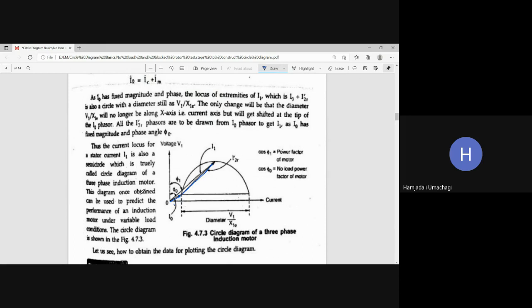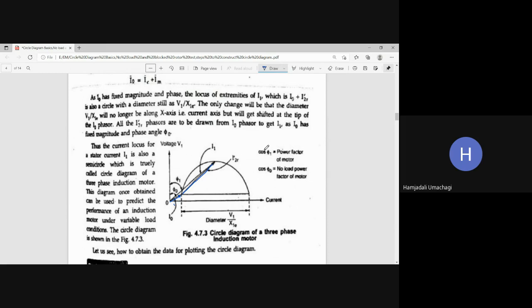Then this diagram, once obtained, can be used to predict the performance of the induction motor under variable load conditions. Using this circle diagram, we are going to calculate different performance characteristics like slip, power factor, input, output, losses, efficiency. All those performance characteristics of the three-phase induction motor can be calculated using this circle diagram.